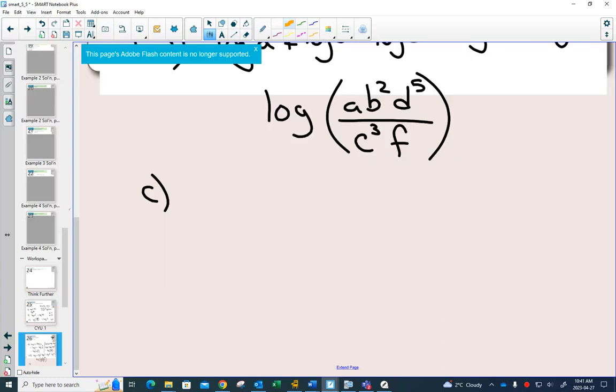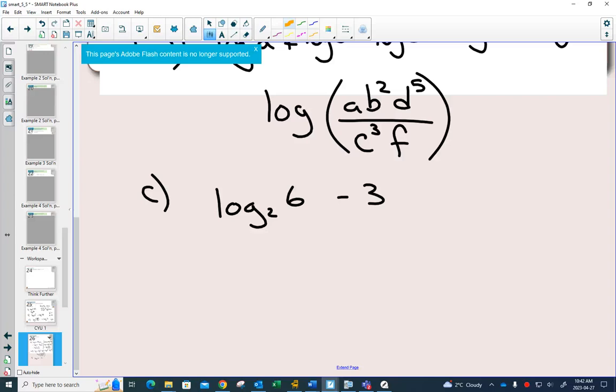For C, which has log base 2 of 6 minus 3, we can't combine these because it's not a log minus a log.